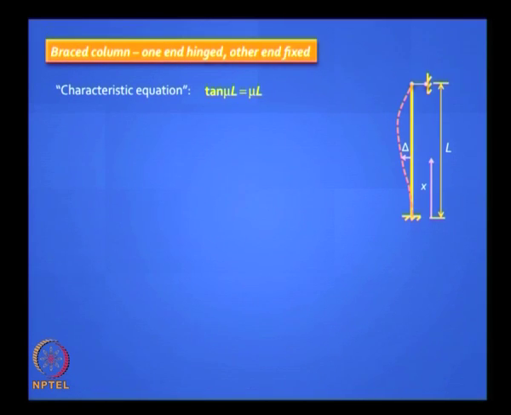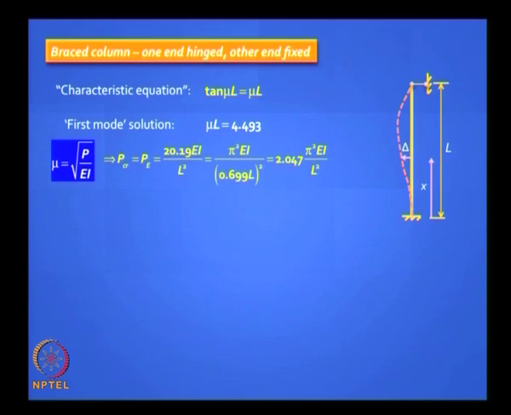That equation, tan mu L equal to mu L, is called the characteristic equation. You remember when you did eigenvalue analysis, there was something called the characteristic equation. The first mode solution in this case is 4.493, and if you plug in the value of mu, you can get the critical buckling load, which we also call the Euler load, and it turns out to be 2.047 pi squared EI by L squared, which can also be written as pi squared EI by (0.7 L) the whole squared.